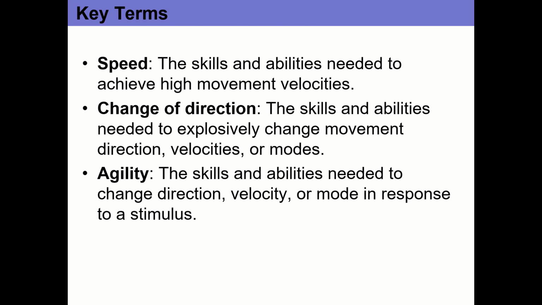Change of direction is what it sounds like. It is the ability to go from, let's say, moving to your right to, so you're obviously going fairly fast, you're going to decelerate, accept your body weight, and then push off in the opposite direction. That is going to be a change of direction type of movement.